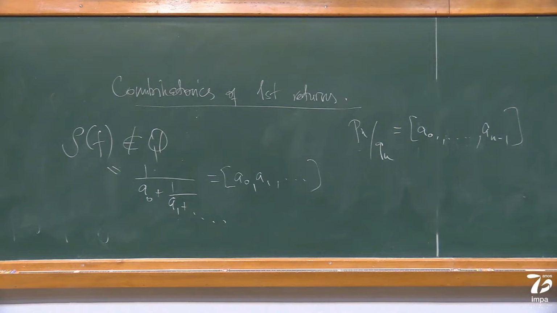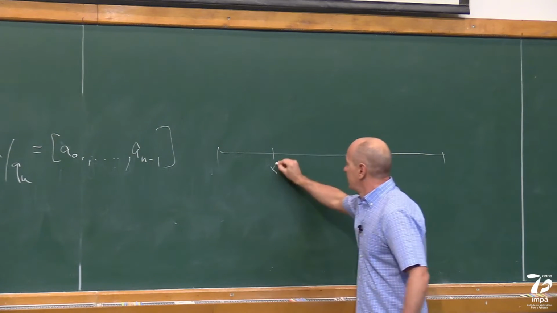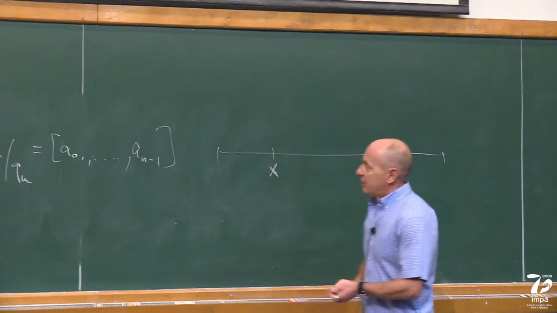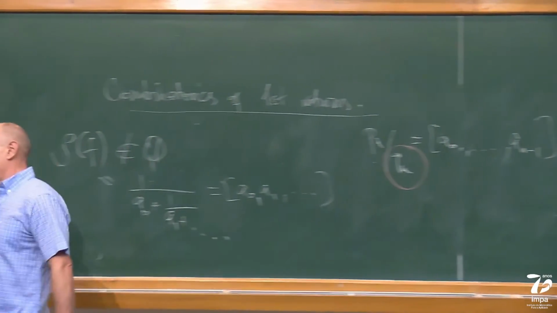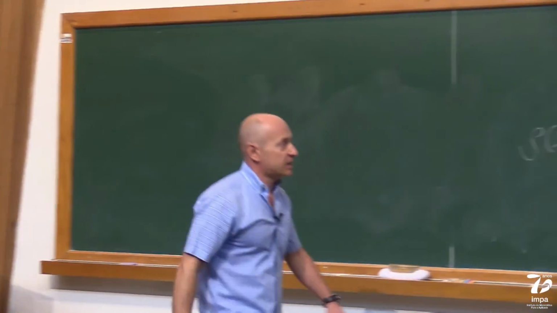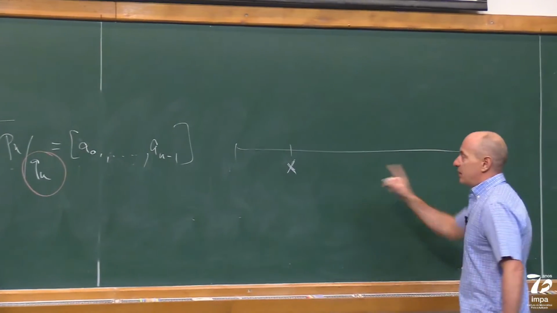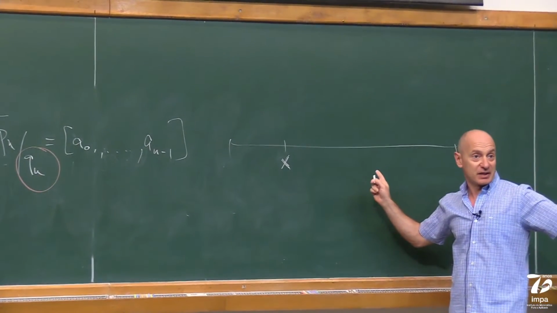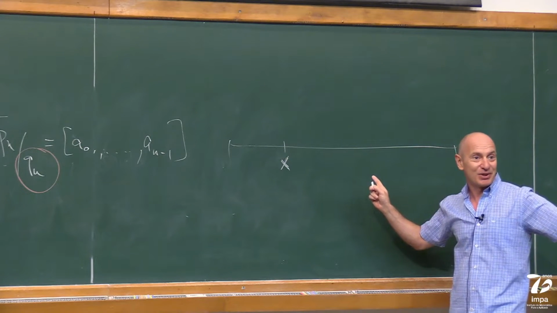Now, if you have a point x, then these denominators q_n would be closest return times in the orbit of x, and they would occur sort of on opposite sides of x. Well, I mean, there are no really opposite sides on the circle, but you know what I mean.